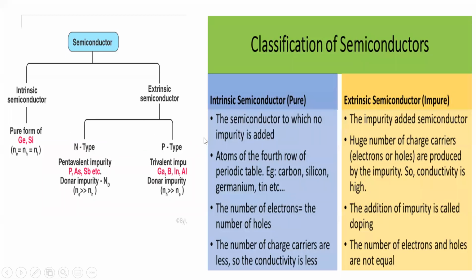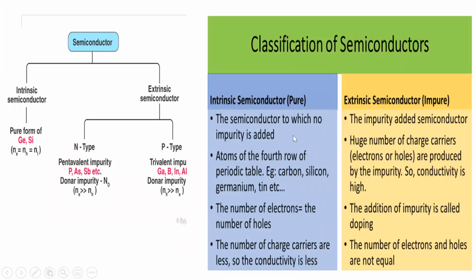We will see that in detail in this class, but before that, let us see the properties of intrinsic and extrinsic semiconductors. So, semiconductors can be broadly classified into intrinsic semiconductors, which are pure semiconductors, and extrinsic semiconductors, which are impure semiconductors.